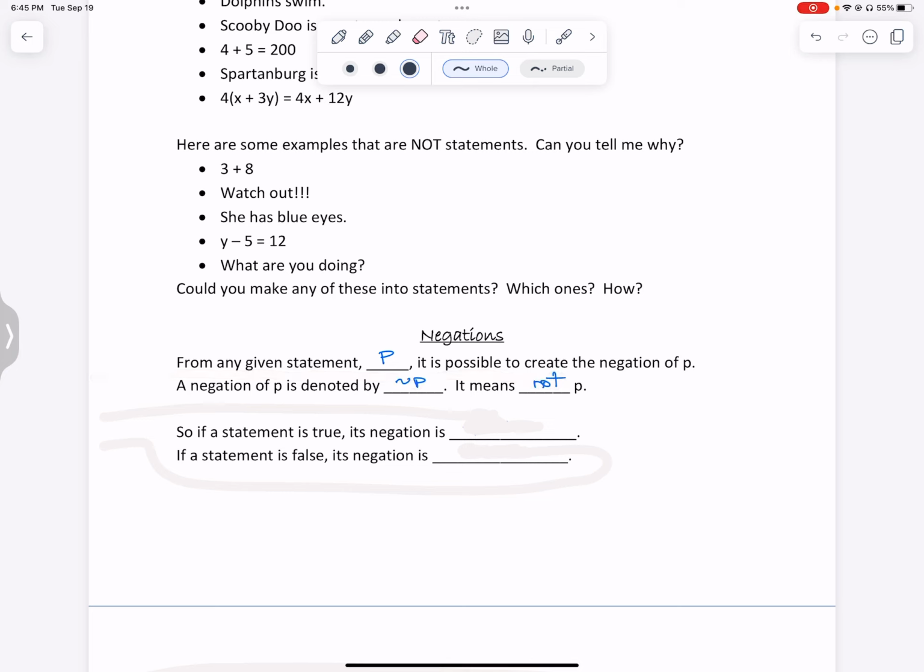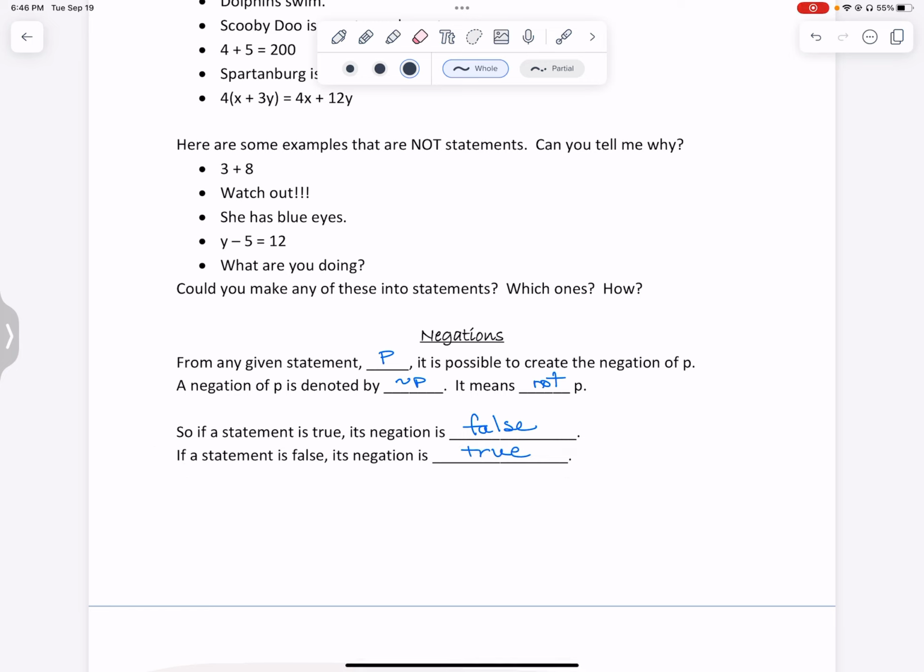The negation of P is represented by that little squiggle and a P, and that means not P. So if a statement is true, like 3 plus 5 equals 8, then its negation would be false. If a statement is false, then its negation is true.